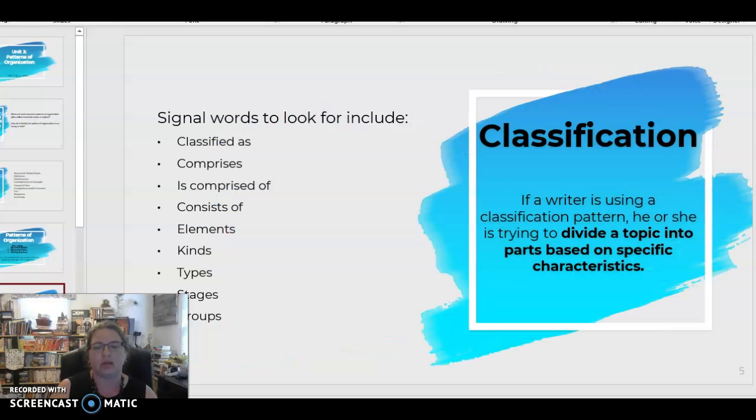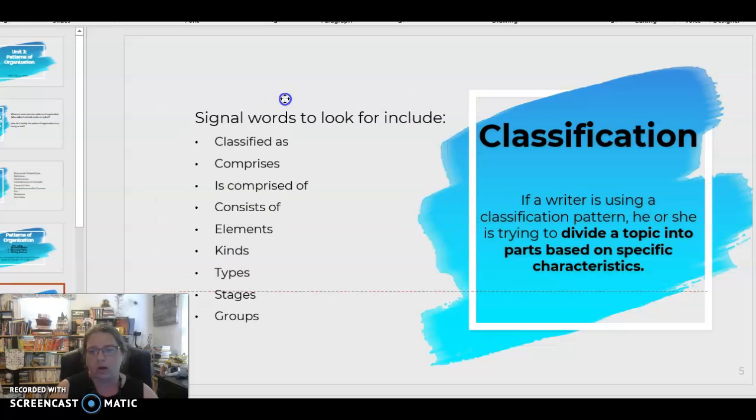So sometimes if an author is trying to categorize or group items together, they might use what we call a classification style. And in this case, the author is trying to divide a topic into its specific parts based on characteristics. So some signal words that you would want to look for in the writing that might indicate that an author is using the classification pattern would be these terms that are listed here on the screen.